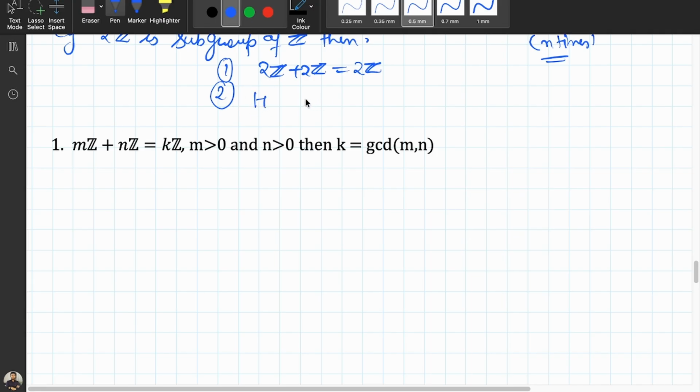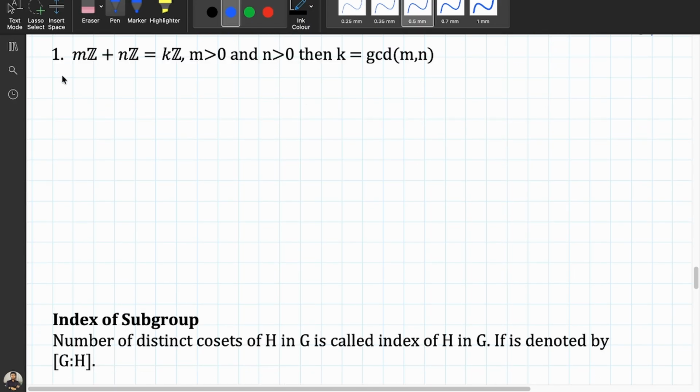Next, second example. If let's say H is equal to the center of D4, it is a subgroup. The center is always a subgroup. Then if you add H plus H, whatever you are writing here, it is also equal. Next, if it is MZ and NZ, meaning 3Z plus 2Z, then it is equal to GCD of this, equal to Z only.